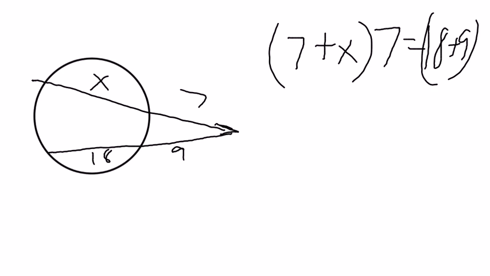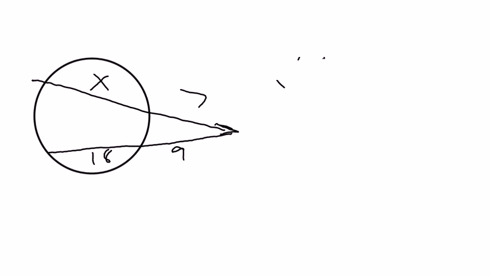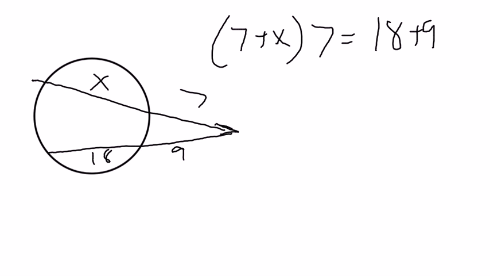So it's 18 plus 9 times 9. It's a little bit difficult to see. Let me rewrite that for you. So you have 7 plus x times 7 equals 18 plus 9 times 9. So here you're going to distribute right there.